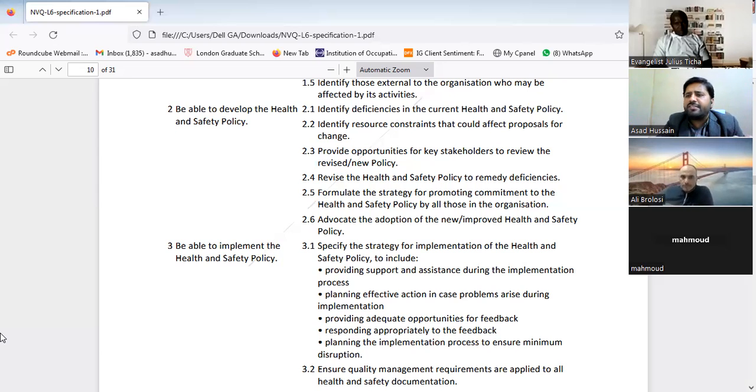Simply for identifying the deficiencies, you don't go directly to the basic grassroots level, like accidents and incidents. What you have to check is the suitability and sufficiency of the health and safety policy. It will make clear whether there is a deficiency or it is working properly.